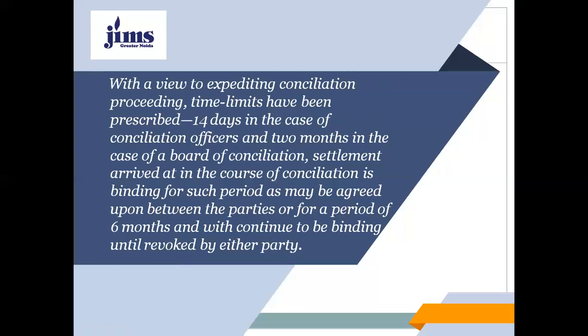A settlement arrived at in the course of conciliation is binding for such period as may be agreed between the parties, or for a period of 6 months, and will continue to be binding until revoked by either party.